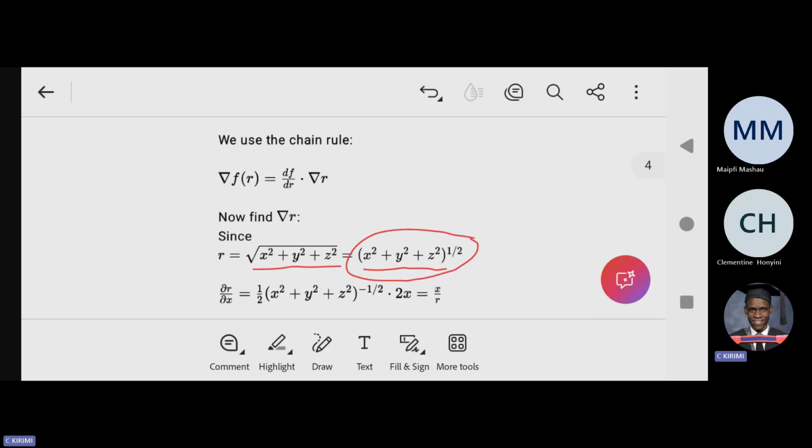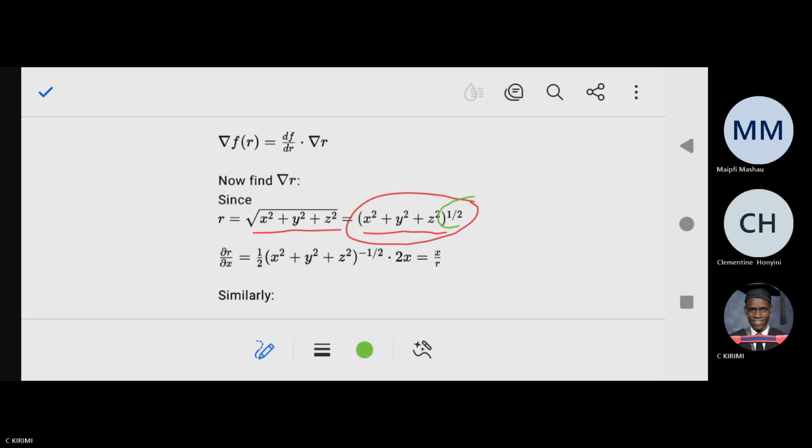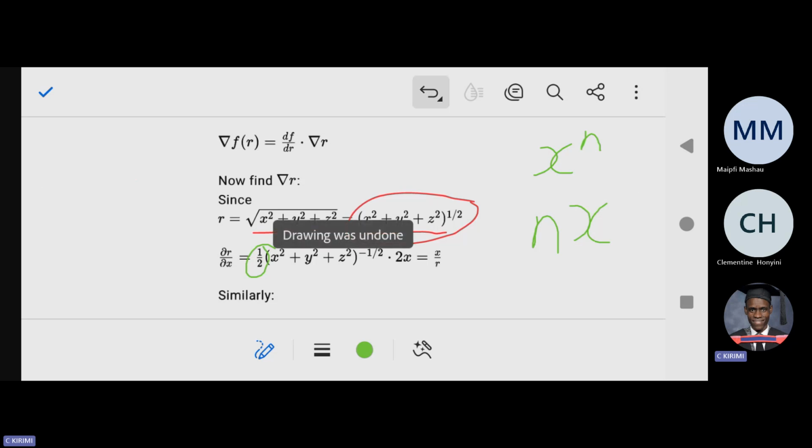It is the one that has come to the front, by the chain rule, where it says x to the power n. How do you differentiate x to the power n? You say n multiplied by x to this very same power, but subtract one. So we are doing the same thing. That's where the half is coming from.